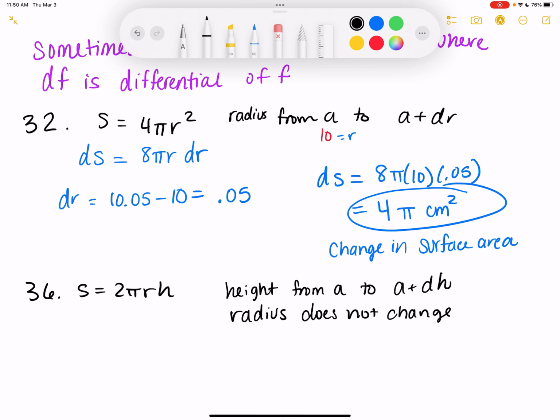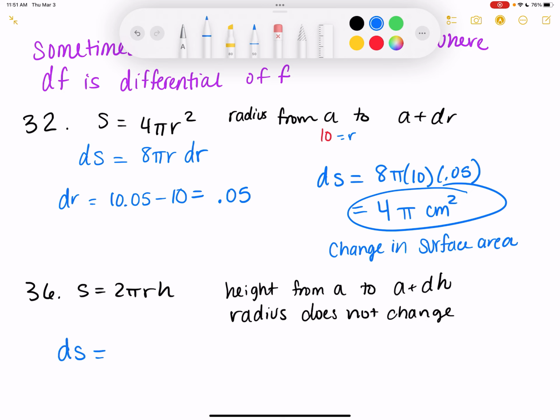That's important because what that information tells you is that radius doesn't change, so it's a constant. So we're not taking the derivative of r. It says that height is changing from A to A plus dh. So we're taking the derivative of surface area with respect to height. Imagine that r is a number when we take the derivative, basically.